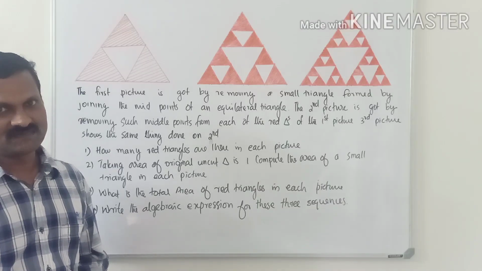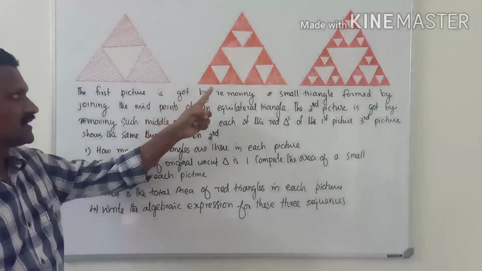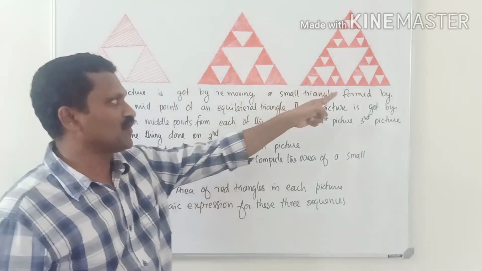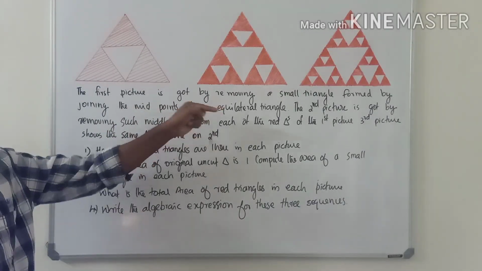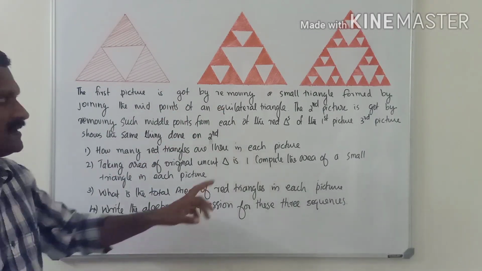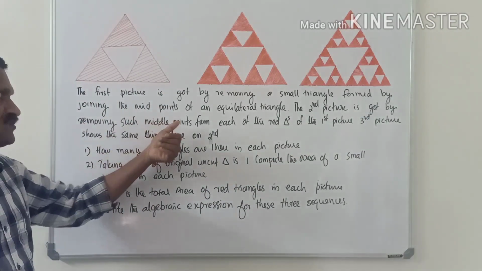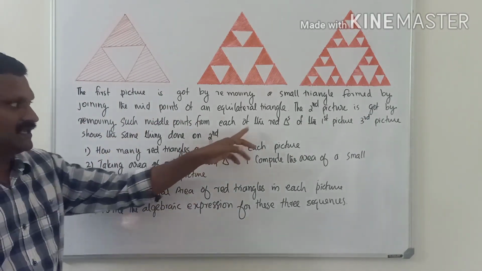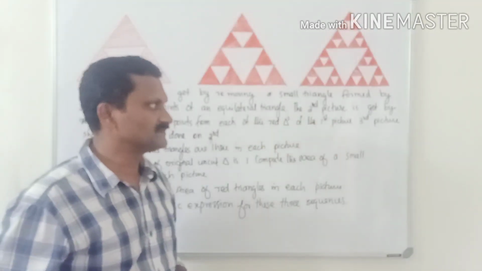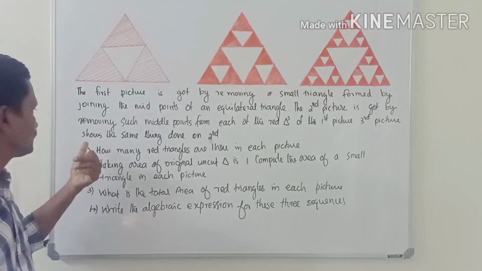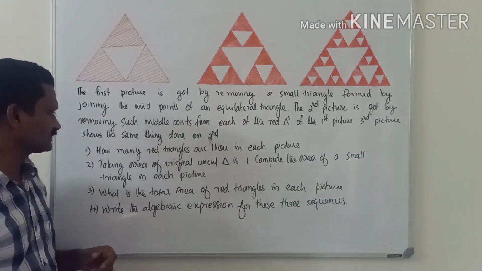We pass to next question. The first picture is got by removing a small triangle formed by joining midpoints of an equilateral triangle. The second picture is got by removing such middle points from each of the red triangles in the first picture. Third picture shows the same thing done on second.